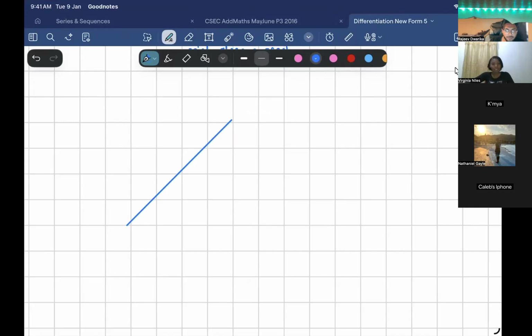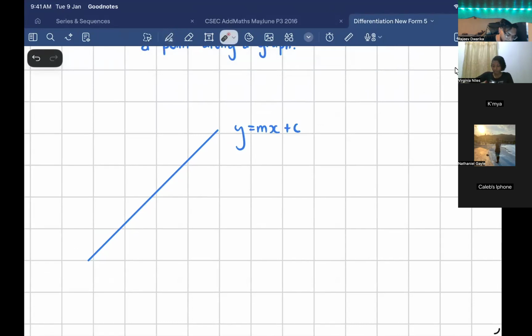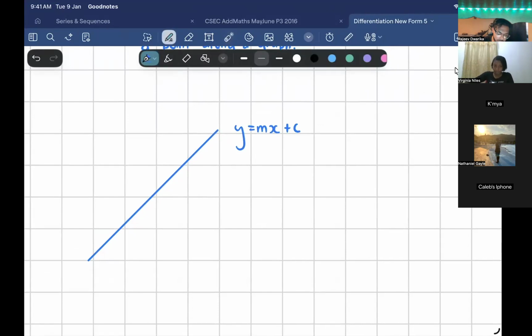Change in y over change in x. Right, gradient is just a ratio between the change in y over change in x. It tells you how steep the graph is. So this is a line, and it would be in the form y equals mx plus c. If I were to find the gradient between these 2 points, and then between these 2 points, would it be different or the same? The same. Exactly. Do you think we need a gradient function for a line?